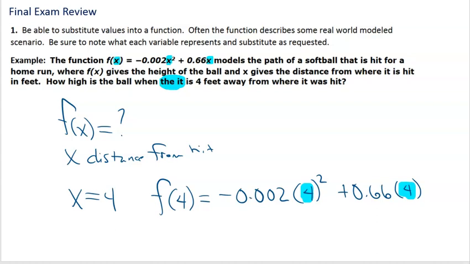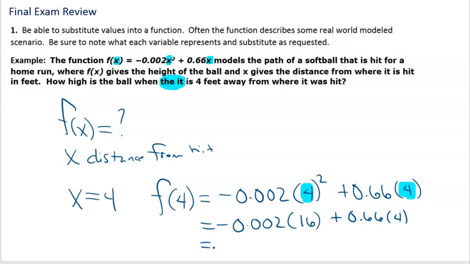And when I type that in my calculator, remember, you need to square first, then multiply. So this would be negative 0.002 times 16 plus 0.66 times 4. Then we'll multiply and then finally add.